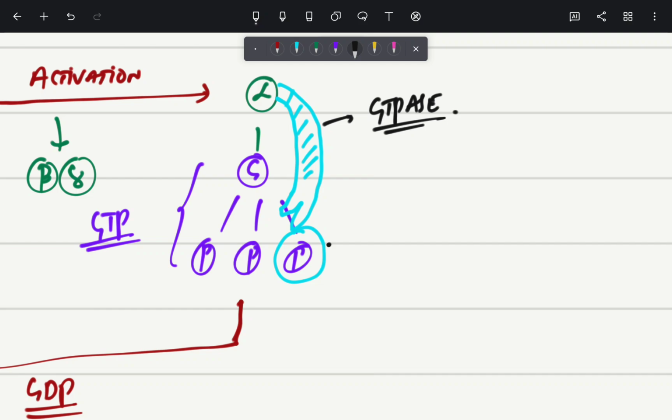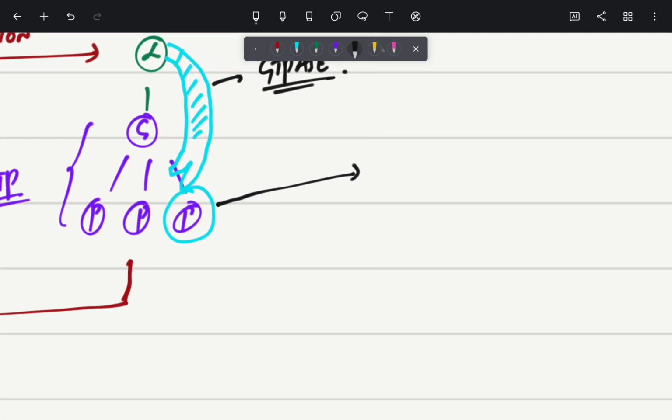Now what will happen? This phosphate which is getting removed will get deposited in the adenylyl cyclase.